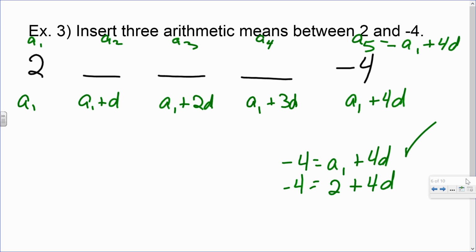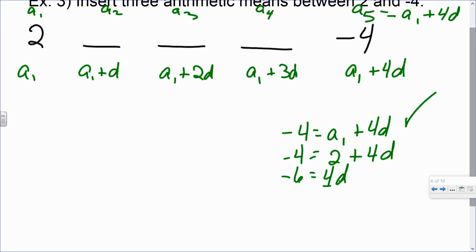Relatively easy algebra problem. Billy, what are we going to do here to get that? Giving me, so D is going to be, okay, and so you may use either -3/2 or -1.5, depending on whether you like fractions or decimals better.